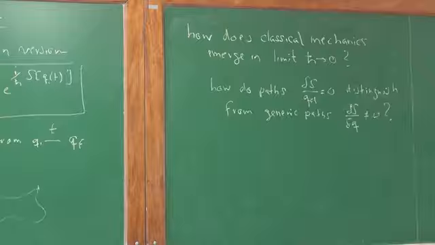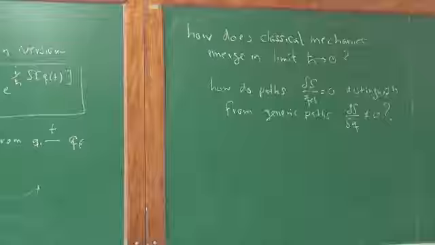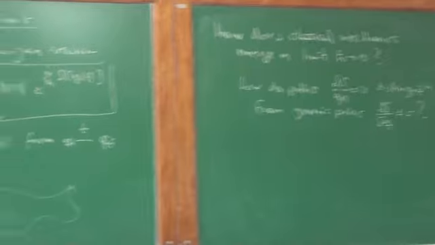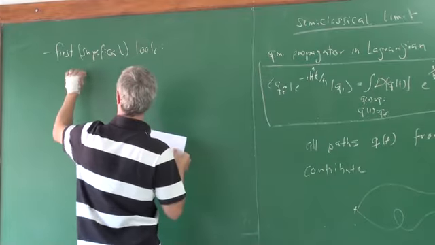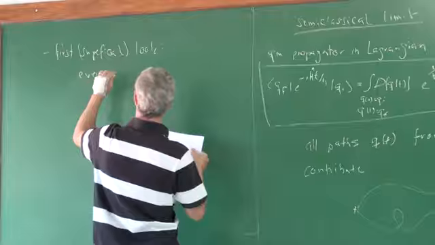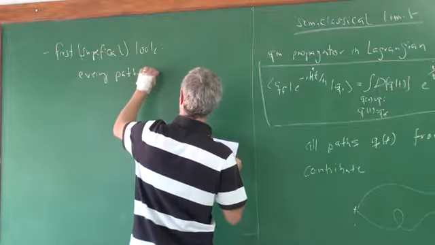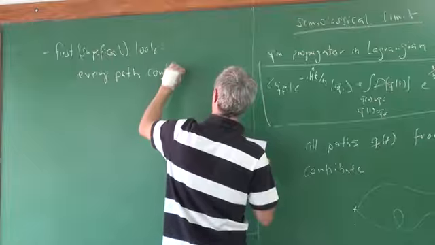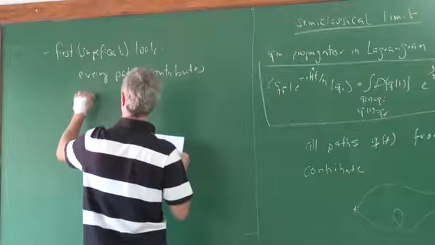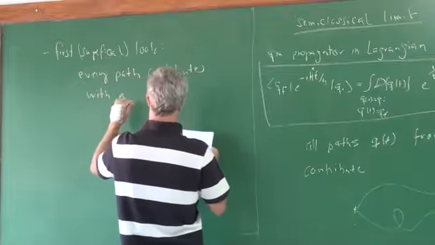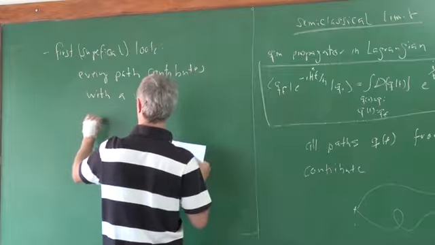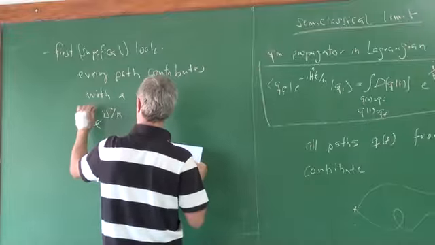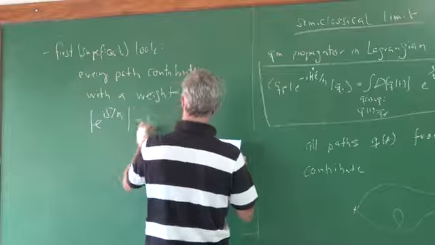A very superficial first look: every path that we can sum contributes to the integral, and the weight of the path is given by the exponential of this expression here.